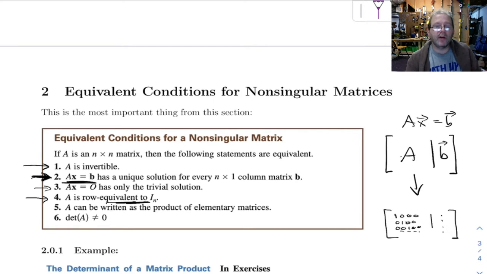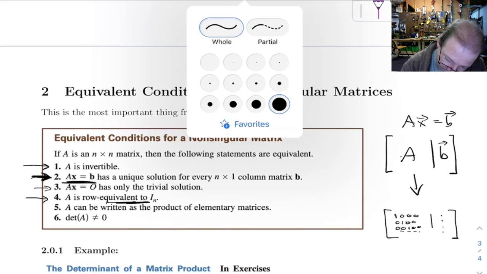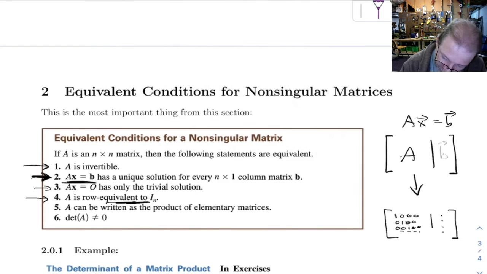So when we read off of there, we're going to get just a single solution. And if this had been 0 instead of B, if these were all zeros, then what we would get out of this would be that the first variable is 0, the second is 0, and so on. That's the trivial solution.